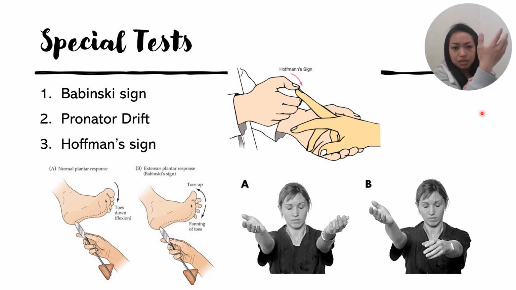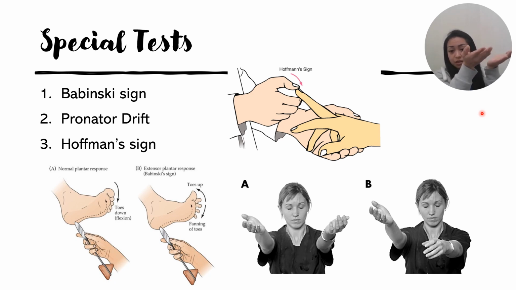And basically in an upper motor neuron lesion, the pronators, so the muscles that want to pronate the forearms, are basically going to be more powerful than the supinators.